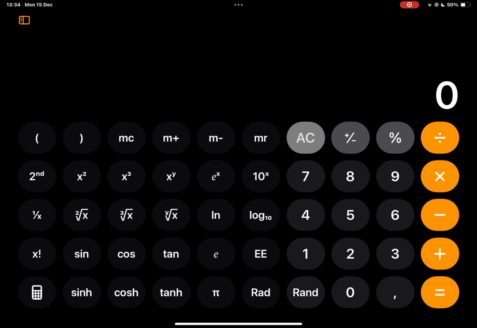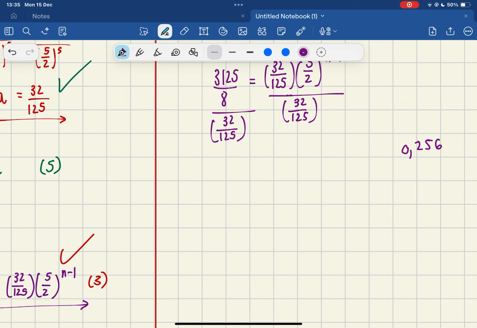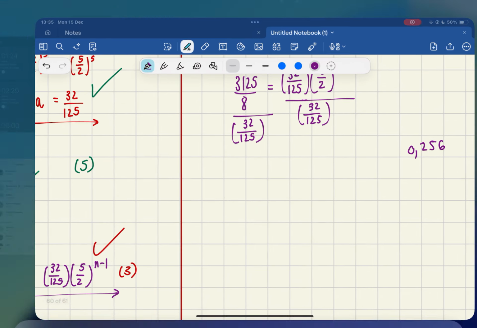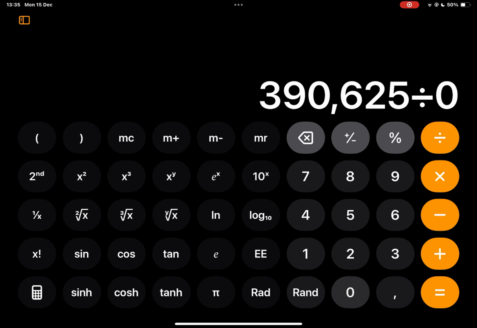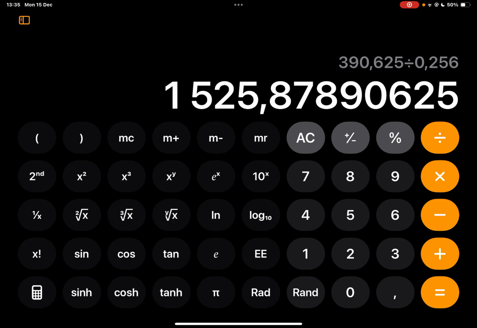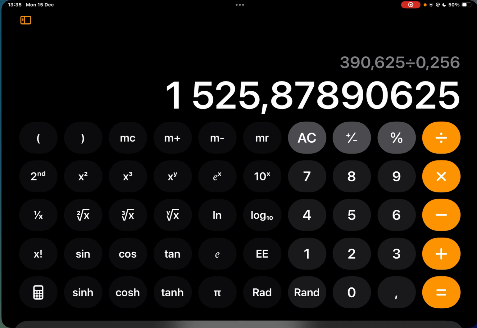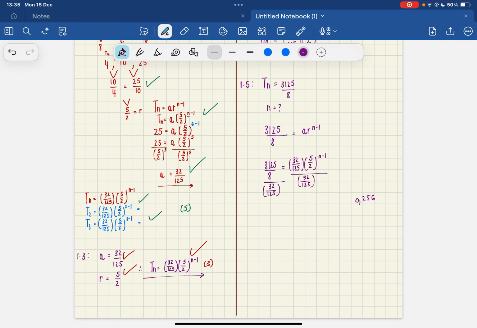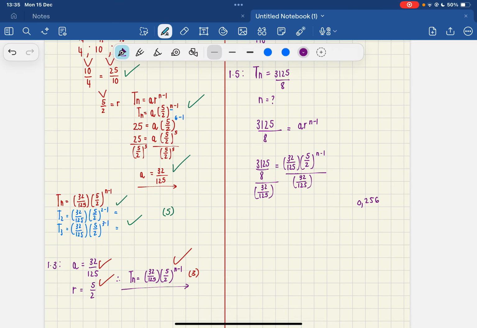And 3,125 divided by 8 is equal to 390, this whole number, divided by 0,256. This gives me 115, comma. Okay. So boys and girls, in essence, I don't have my calculator here. It would have been much easier if I had my calculator here.